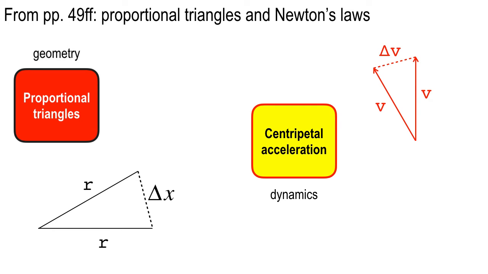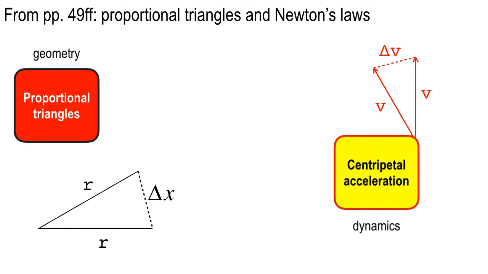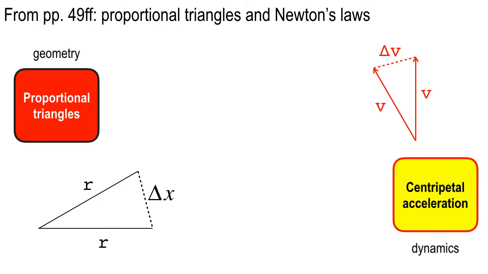From that similar triangle, or proportional triangle, concept of geometry, we're going to get a dynamical concept, the formula for centripetal acceleration, the acceleration toward the center. Here's an equation that expresses the proportional triangles. The top of each ratio is the short side of each triangle.